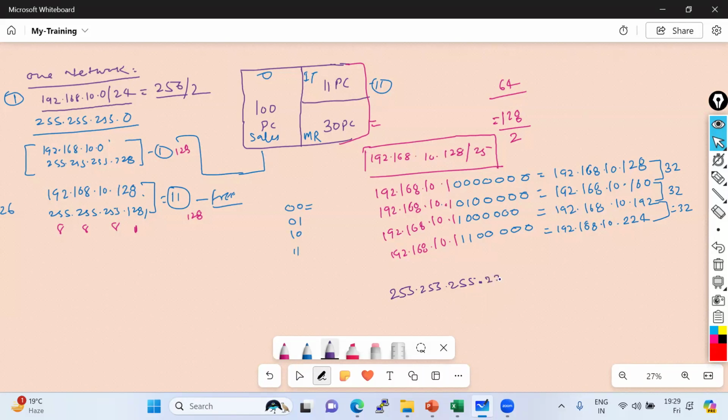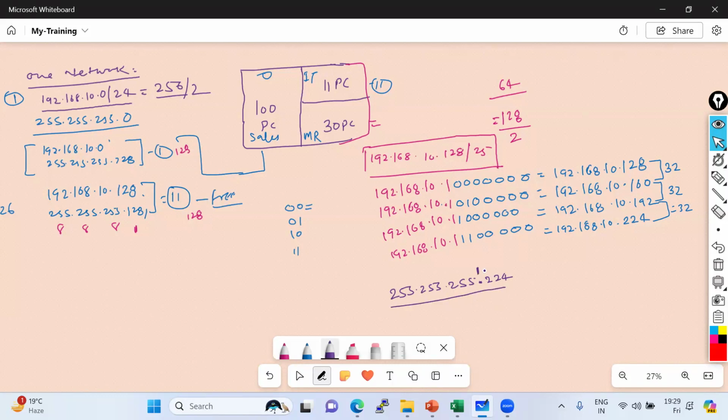How do you calculate it? Just the last one is fixed. 128.